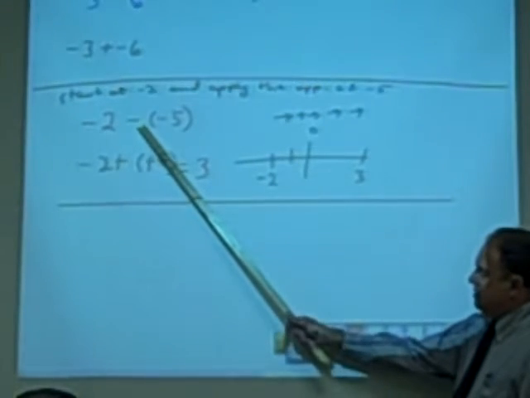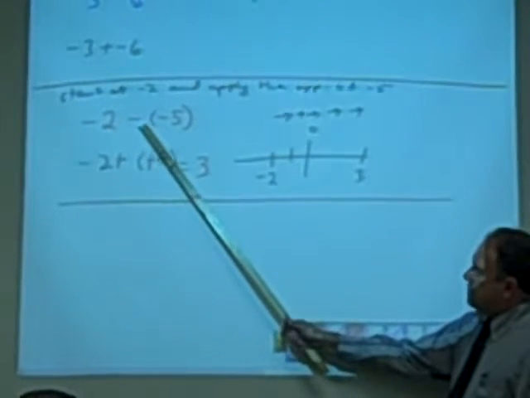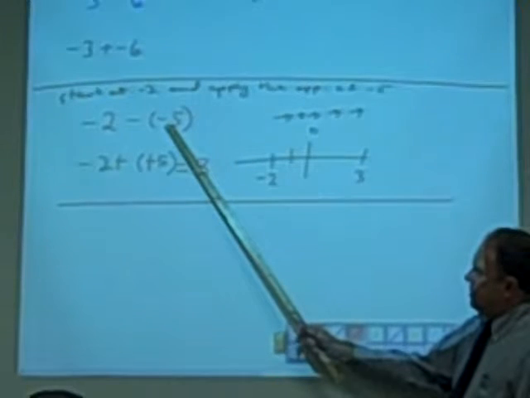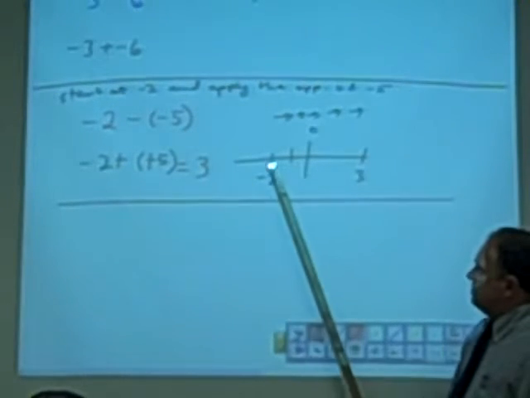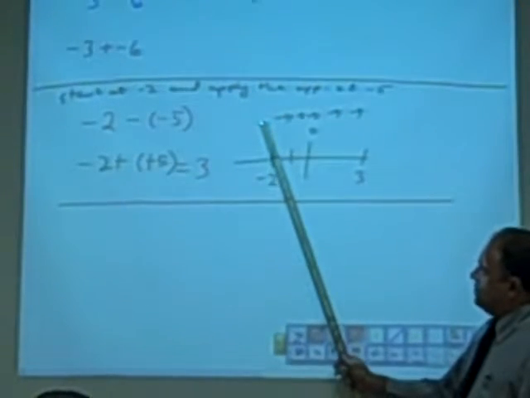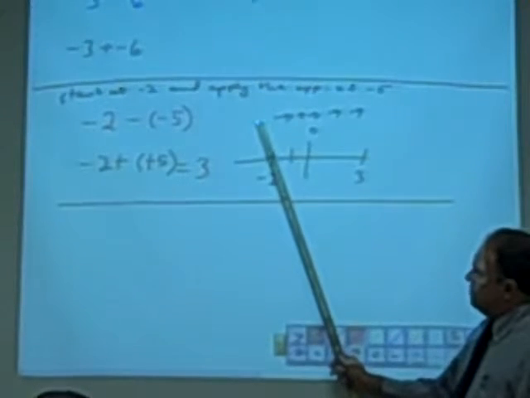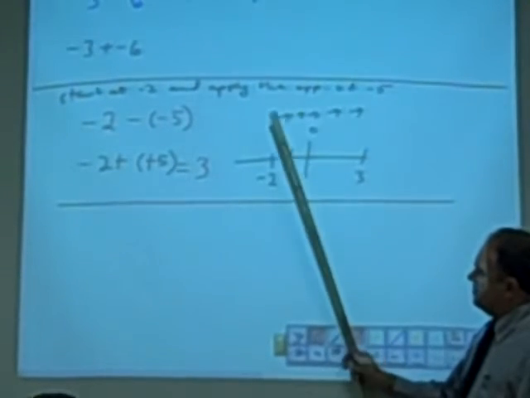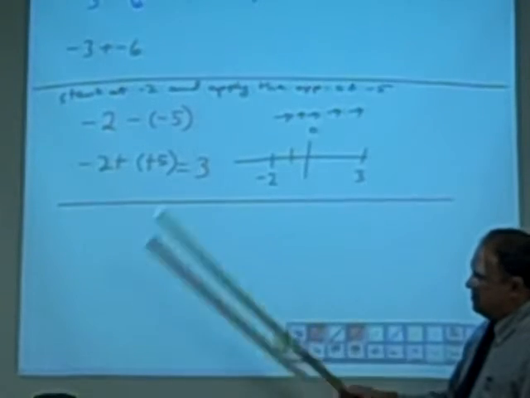But we're looking at this as the opposite of a -5. Starting off at -2, and we're looking at the opposite of a -5, which means you're going to move 5 spaces to the right.